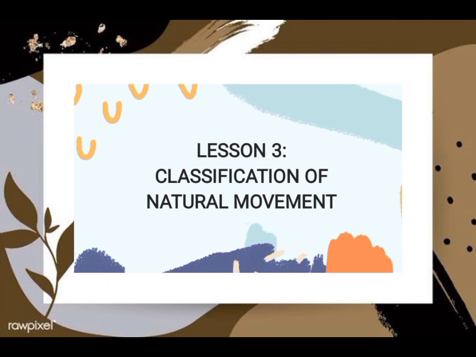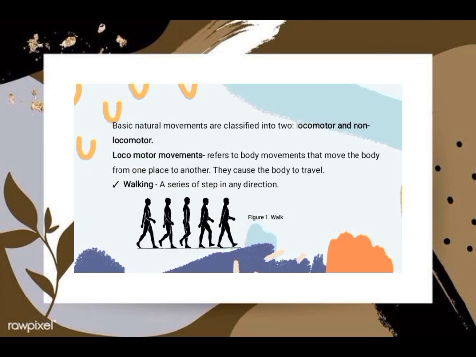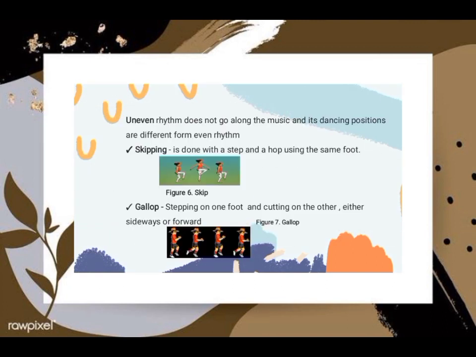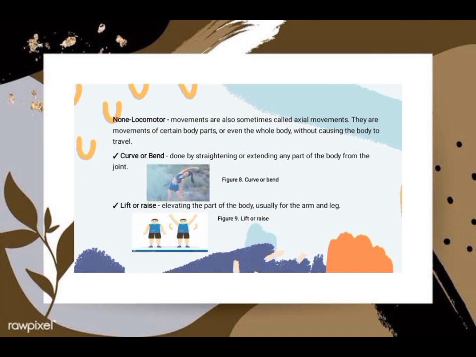So, this time I will discuss to you the continuation of Lesson 3 classification of natural movement, which is the non-locomotor. So, non-locomotor movements are also sometimes called axial movements.